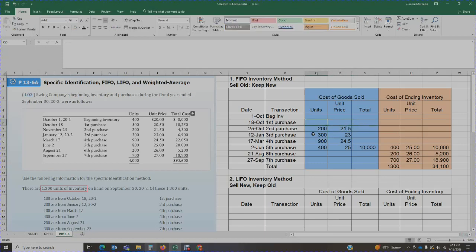All of this, the blue represents what has been sold. So I'm going to do some quick mathematics here. I'm going to multiply them and then run my formula down. Now the blue represents the actual amount of goods sold. So I'm going to get my total.